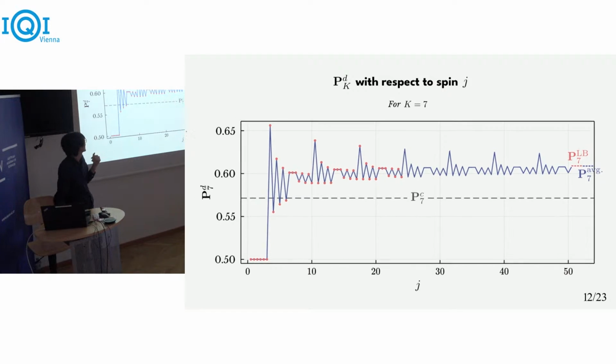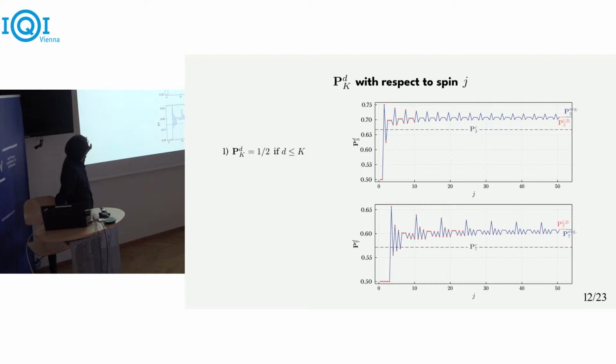So to address your question, we find that the maximum quantum score is half as long as the dimension is less than or equal to k. This is because if your dimension is less than or equal to k, this averaging results in a unitary t-design. Unitary t-designs are like when you want to average over a circle or a sphere and integrate over the sphere.